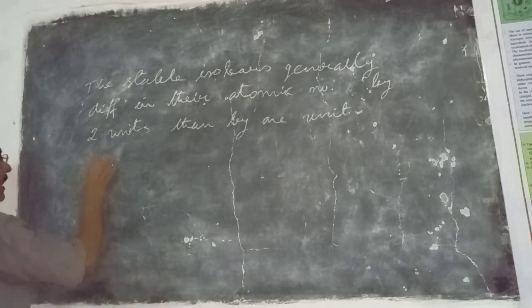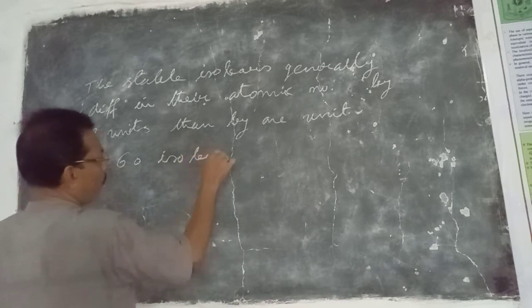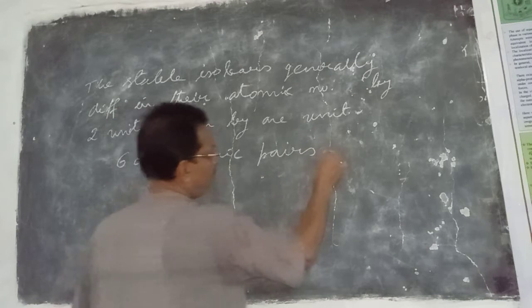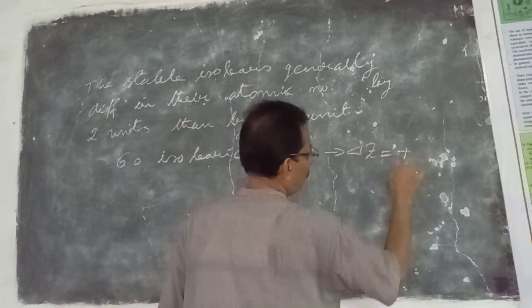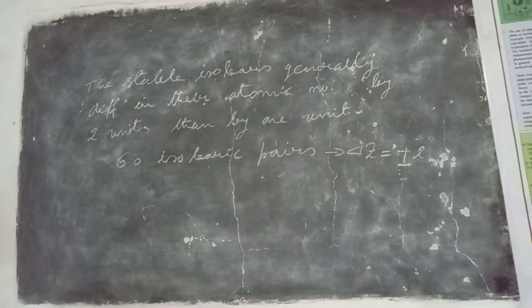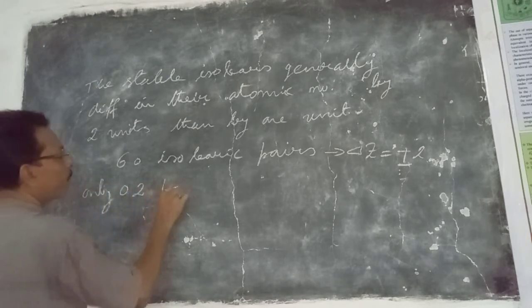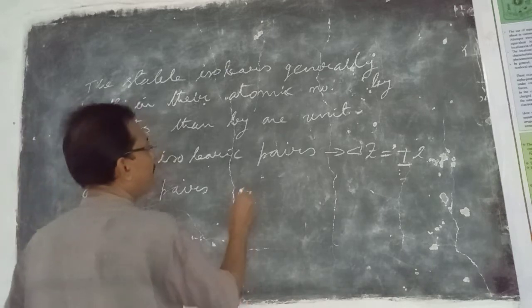There are more than 60 isobaric pairs for which this delta Z is plus or minus 2, but there are only 2 pairs for which delta Z is plus or minus 1.